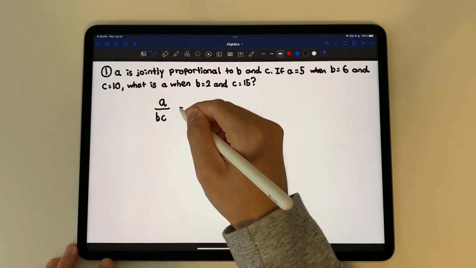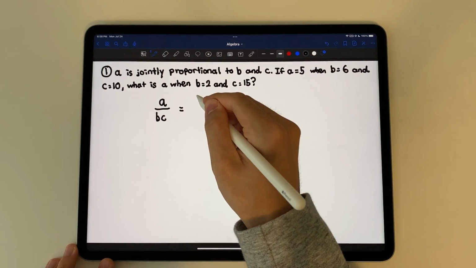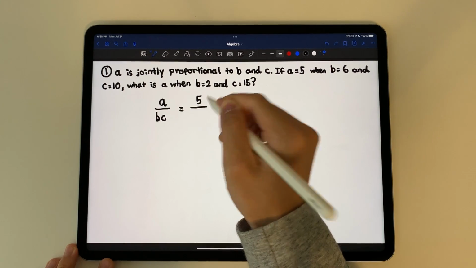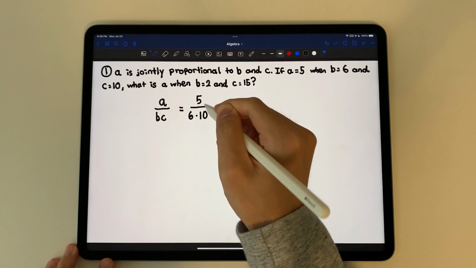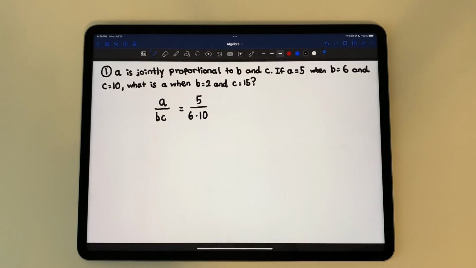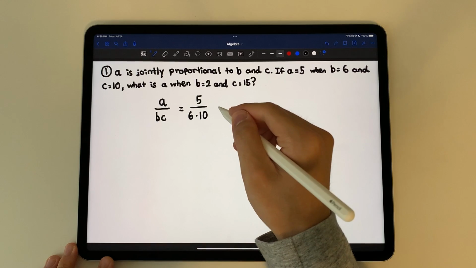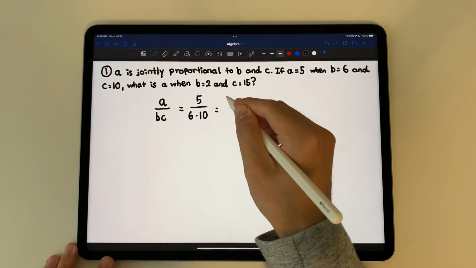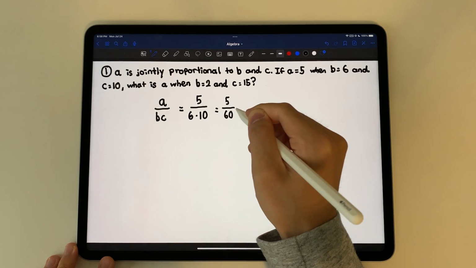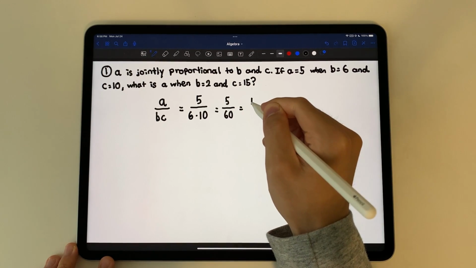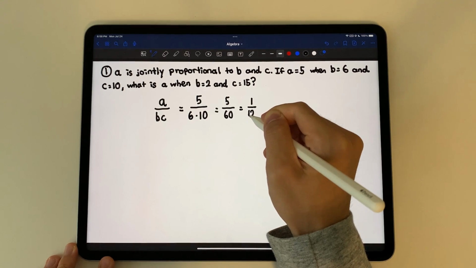What is A over BC? Well, we're given A equals 5 when B equals 6 and C equals 10, which is 5 over 60, and that's just 1 over 12.